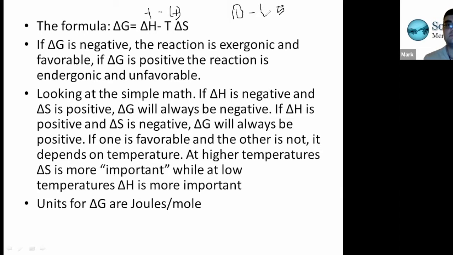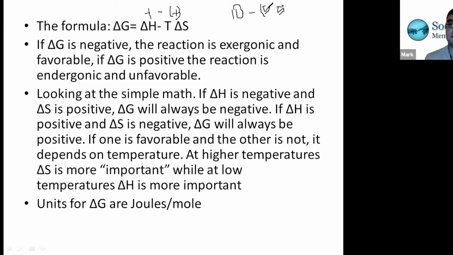If T is a big number, like 5, well, that's 10 minus 25, and the result is negative. And negative is favorable for delta G, and delta S was what was favorable in this reaction. Delta H was not favorable. It's delta S that was favorable. Because the temperature was high, delta S determined the favorability of the whole reaction.